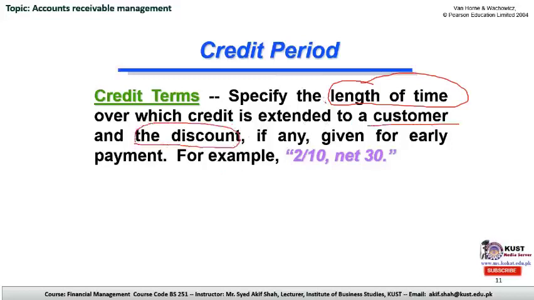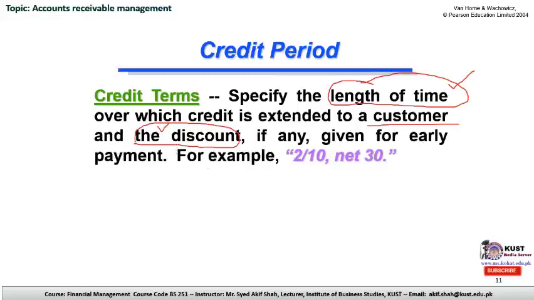Basically, it involves two main terms or rules and regulations. Firstly, the length of time or the number of days allowed to the credit customer to pay out their obligation to the company. Secondly, the discount, if any, offered by the company to the prospective credit customers for early collection or early payments.